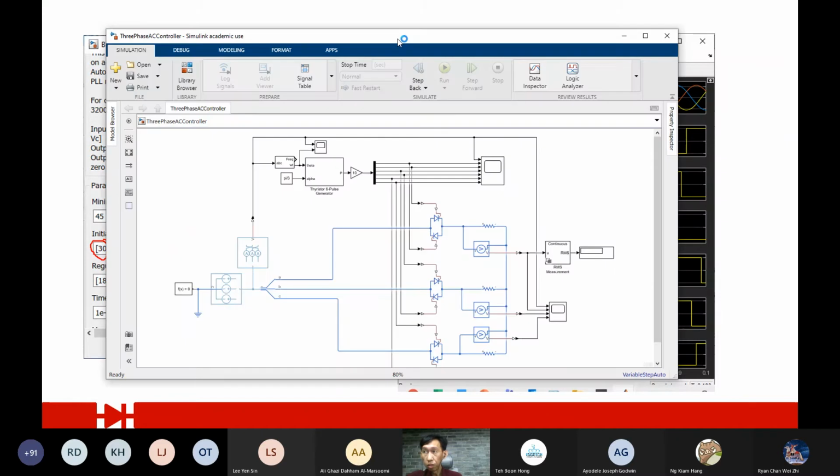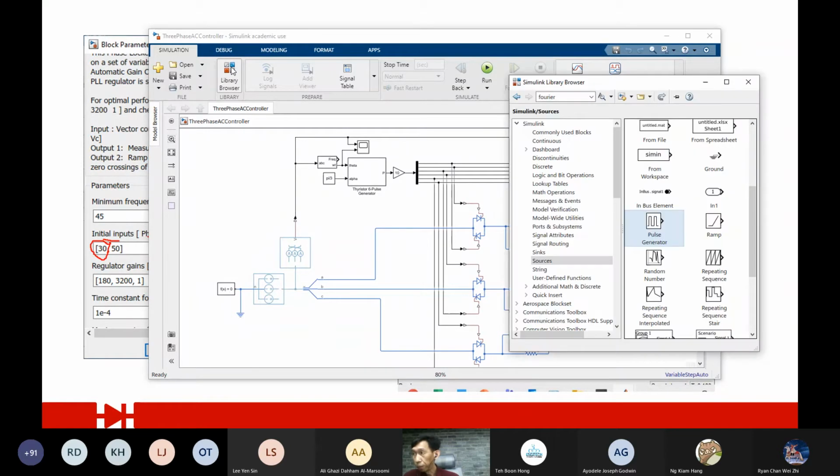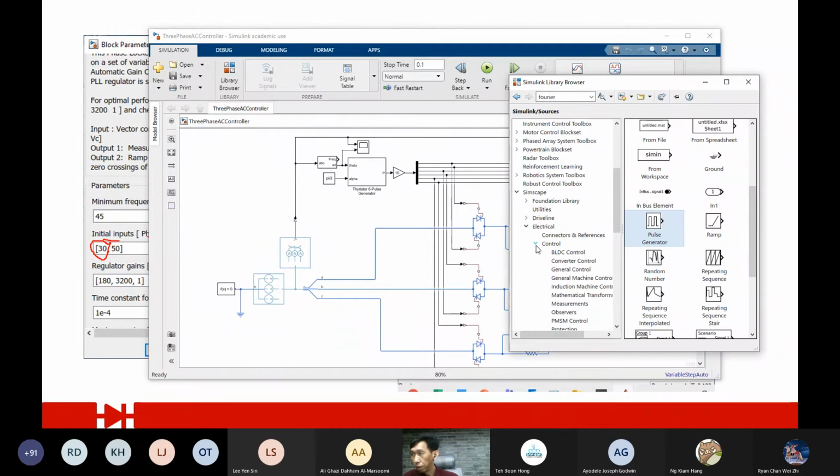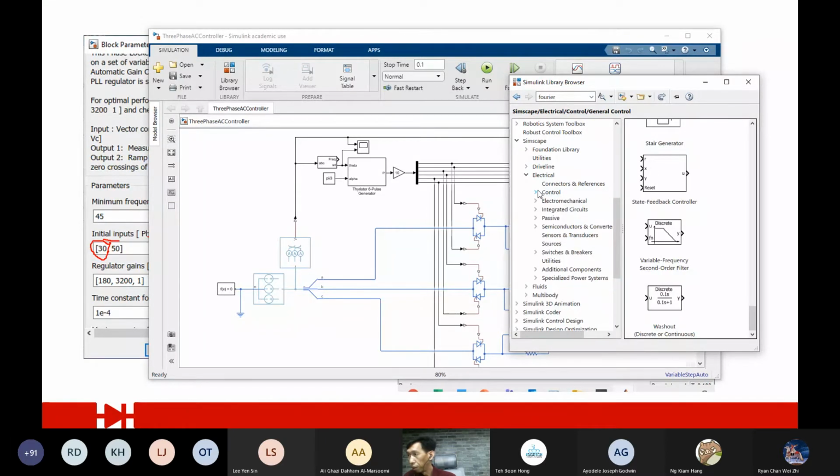So this is the one I did. If you look at the PLL block, control, it should be in the specialized power already.